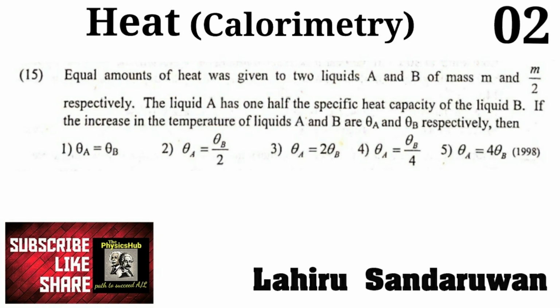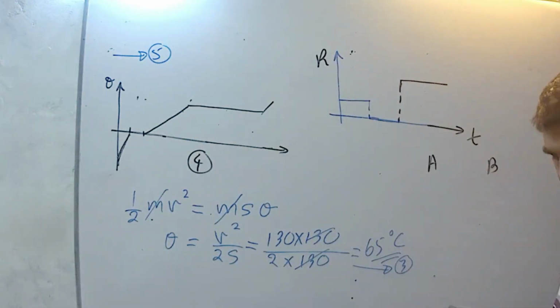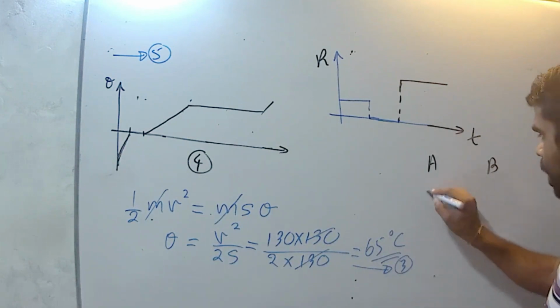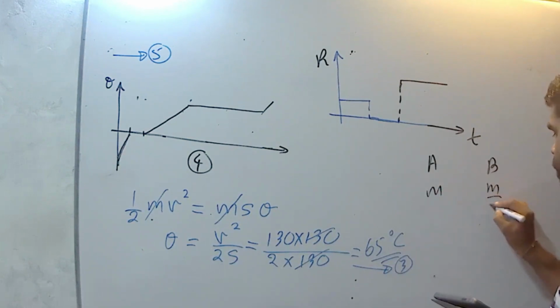Equal amounts of heat were given to two liquids A and B, of mass M and M over 2 respectively. Liquid A has half the specific heat capacity of liquid B. If the increases in temperature of liquids A and B are theta A and theta B respectively, we have to get the relationship between theta A and theta B. Mass of A is M, mass of B is M over 2.